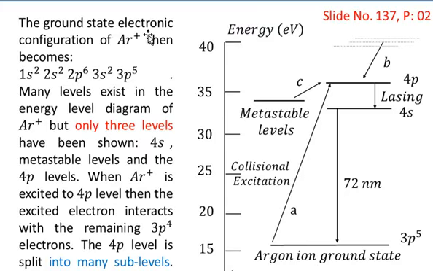The ground state electronic configuration of the argon ion then becomes 1s2, 2s2, 2p6, 3s2, 3p5, because one of the electrons has been removed, and then we are left with only 5 electrons in the 3p orbitals. Many levels exist in the energy level diagram of the argon ion, but only 3 levels have been shown: the 4s level, the metastable levels, and the 4p levels.